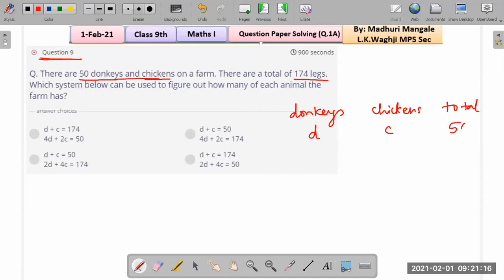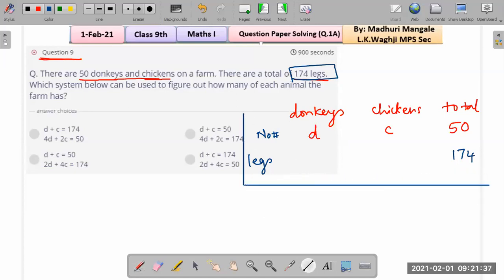All right, the total is 50. And next thing is the number of legs. Look at the number of legs. There are 174 legs. So these are the number of legs and these are the number of donkeys. Fine, the number of animals. All right, and now what will be the next step?